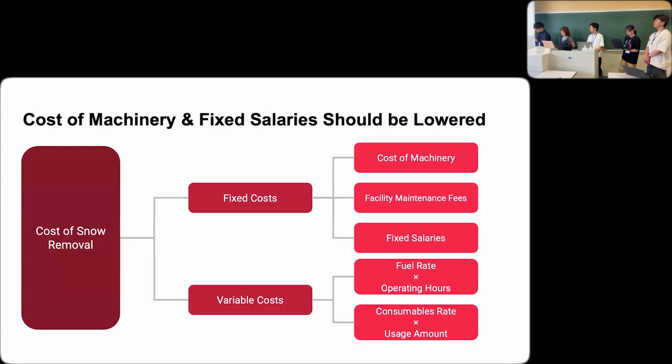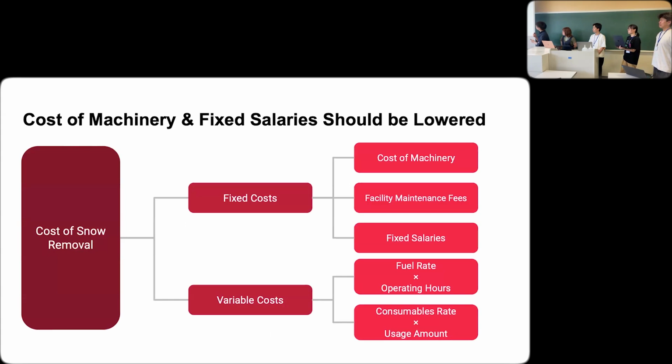Next, we split snow removal cost into two main components, fixed cost and variable cost. Since variable cost depends on market prices, we decided to focus on reducing fixed cost.